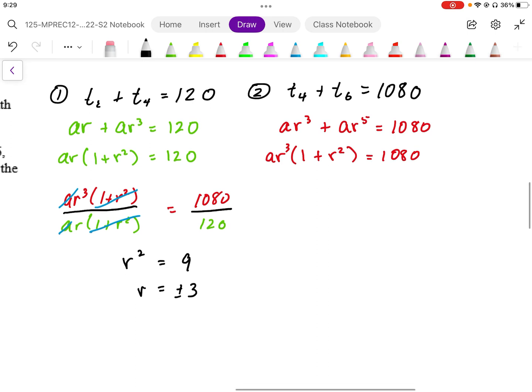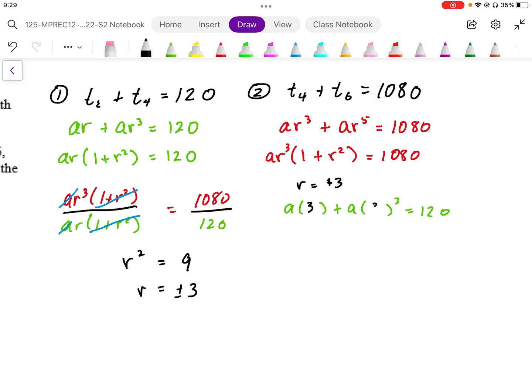Okay, so if R is equal to positive 3, I'm going to do my solution for A. I'm going to plug it into equation 1. So AR, and I'm going to replace that with the positive 3, plus AR cubed equals 120.